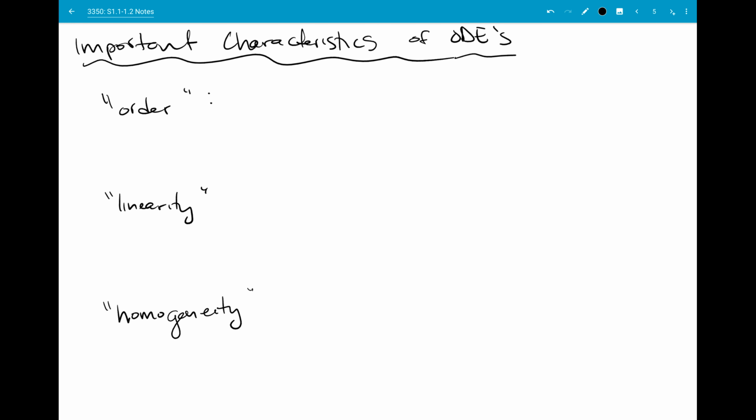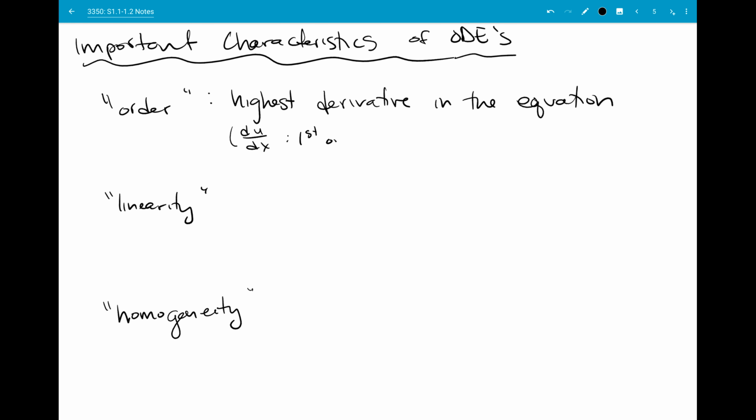So order is going to be an idea that refers to the highest derivative in the equation. So du dx, first order, d2u dx squared, second order, and so on.